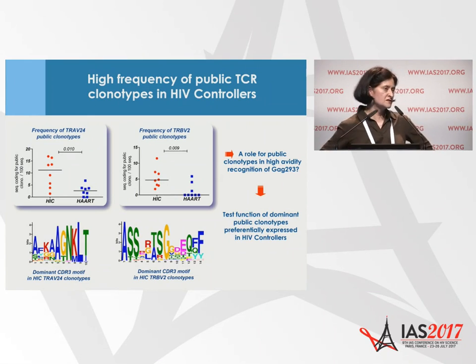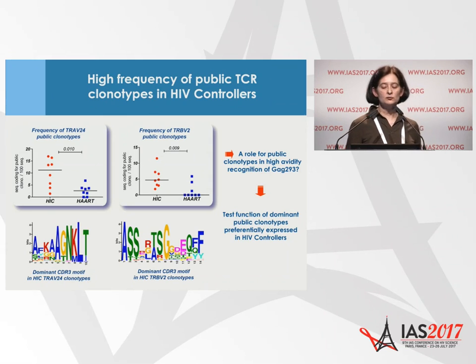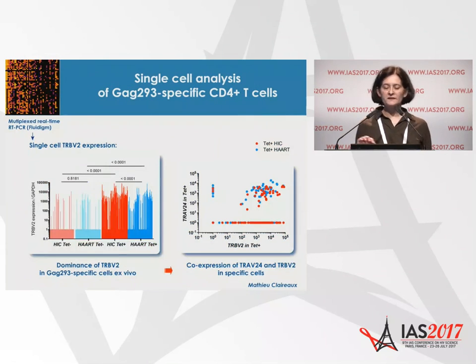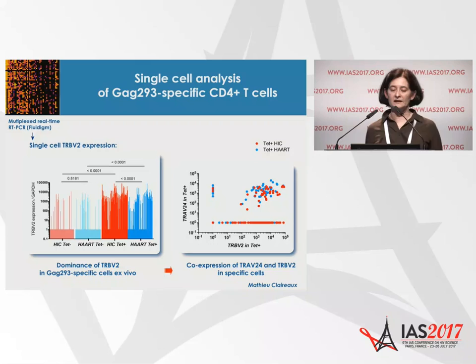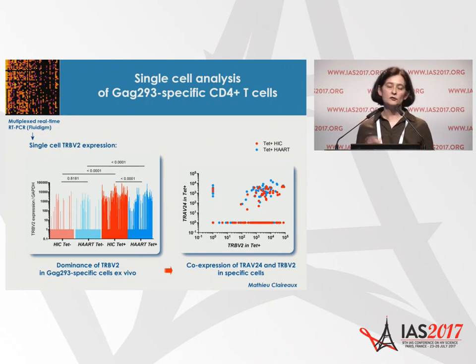So to test this notion, we tested the function of the most prevalent GAG293 specific public clonotypes. But before that, I wanted to show a few results from the single-cell analysis, where we sorted the tetramer-positive cells directly ex vivo and analyzed them by multiplex real-time PCRs with the Fluidigm technology.